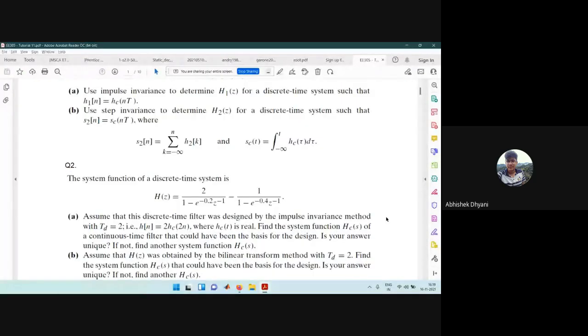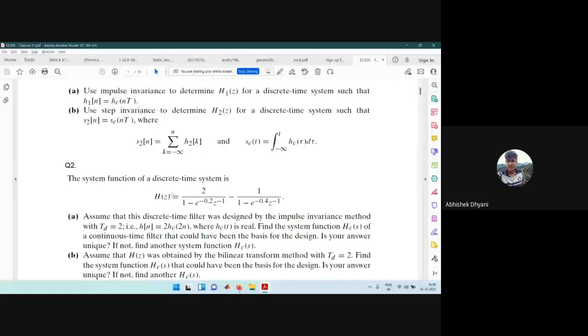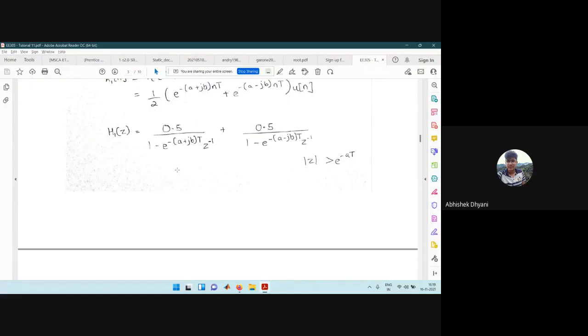So basically, in this question, we have this H(z), and they're saying that if I had some system function in continuous time, on which I had applied this impulse invariance and then gotten this system H(z), then what is that system function? That is basically what this question says. So let's see the first part.